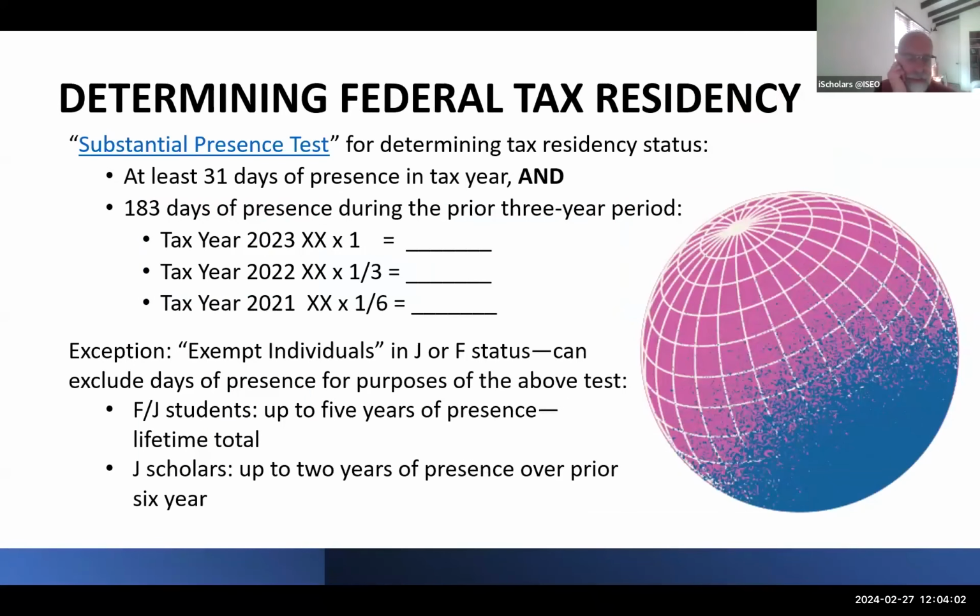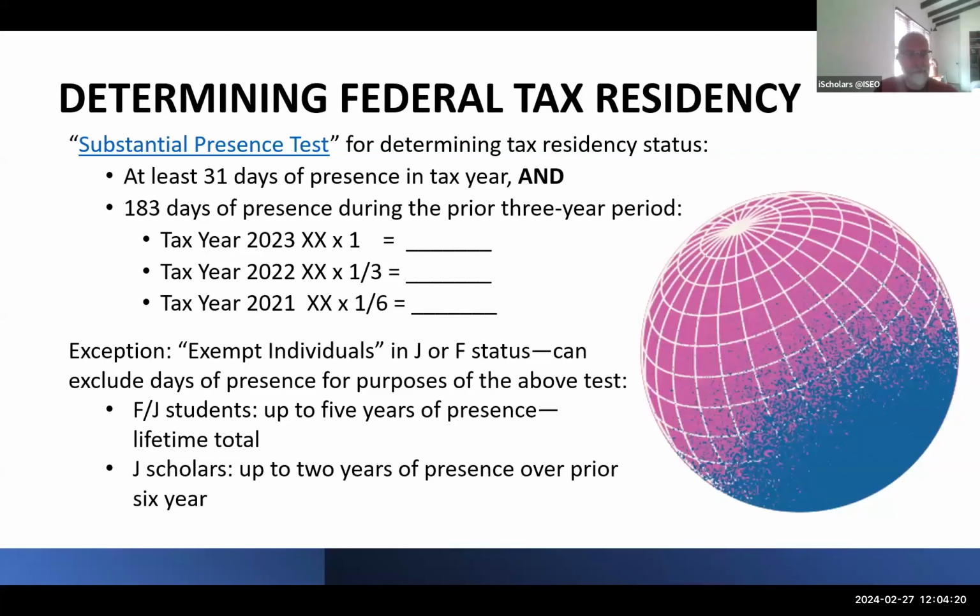Now, determining your residency status. There are basically two tests for this. The first one is simple. If you have a green card, then you're a resident. The second one is called the substantial presence test. This is a little more complicated.